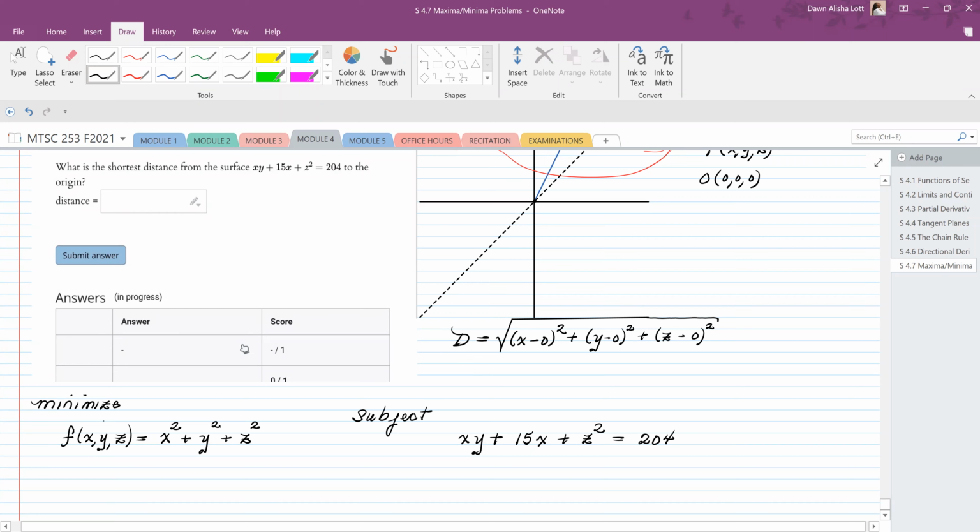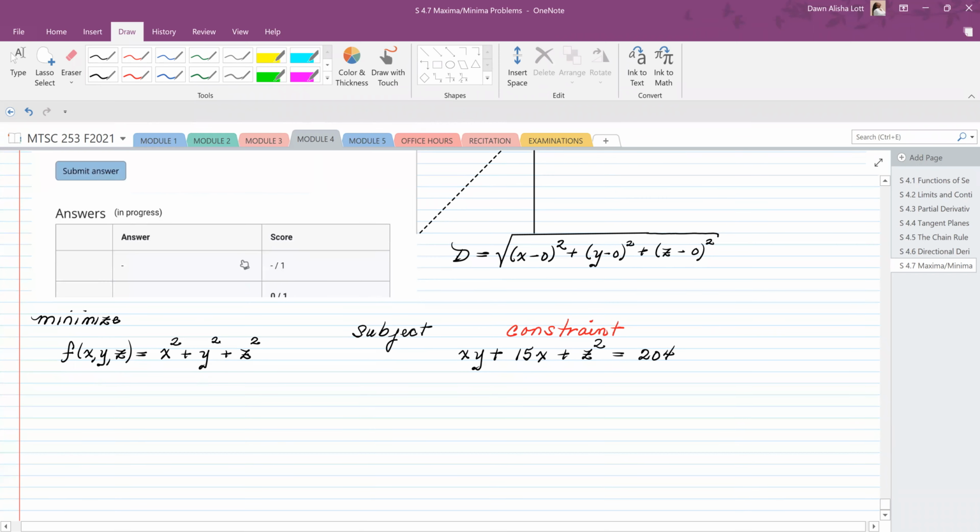So here is the function we're trying to minimize, and here is our constraint. You need to always be able to identify the function you're trying to minimize or maximize and your constraint. So for us, the points have to be on this surface. That's what makes that the constraint.